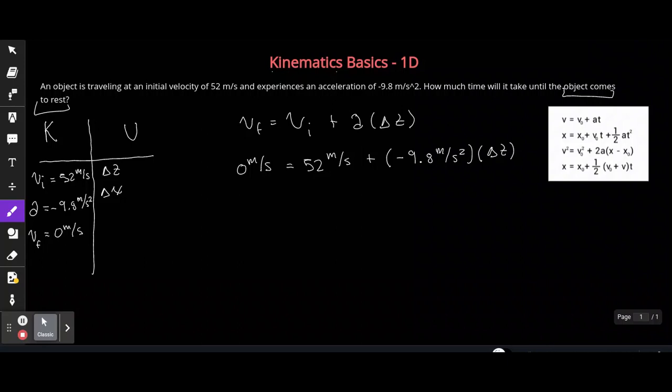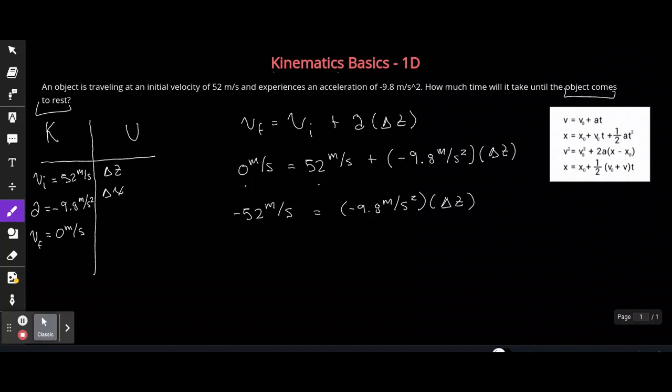Now we're going to manipulate this equation algebraically to isolate delta t. We know that 0 minus 52 gives us negative 52 meters per second, and this is equal to negative 9.8 meters per second squared times delta t.